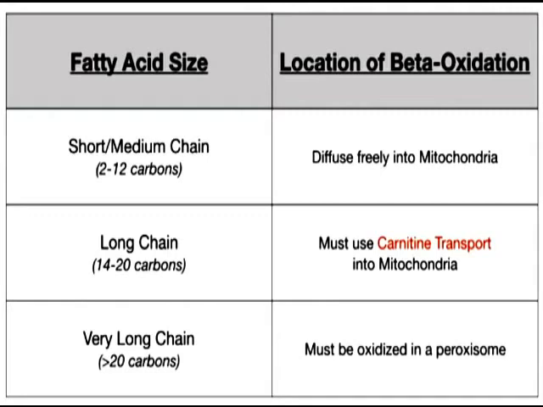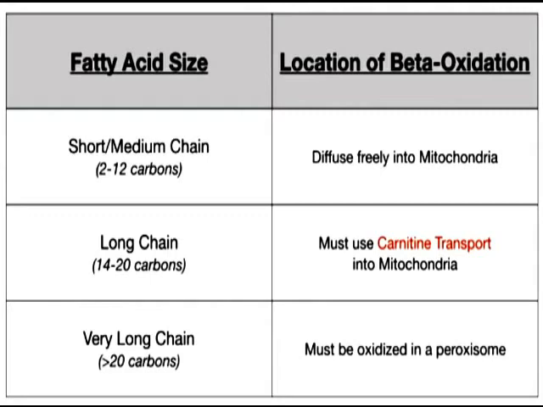After activation, short-chain fatty acids can diffuse freely into the mitochondrial matrix, but long-chain fatty acids, that is about 14 to 20 carbon fatty acids, enter into the mitochondria by the acylcarnitine shuttle.